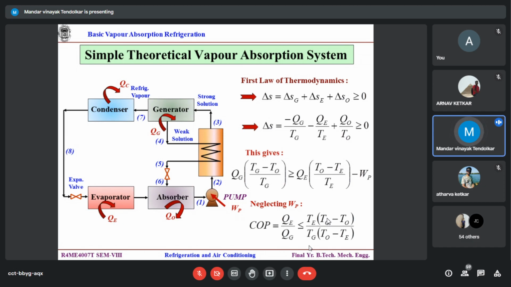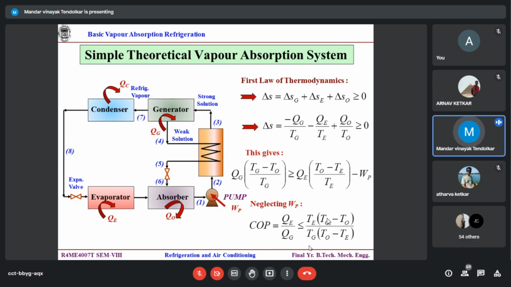And then if you rearrange the terms of the temperatures, because QE and QG are associated with some temperature brackets, if you try to put them as the ratio, then what you will get is this Te into bracket, Tg into bracket. And now you can observe that Tg minus T naught divided by Tg, one term.